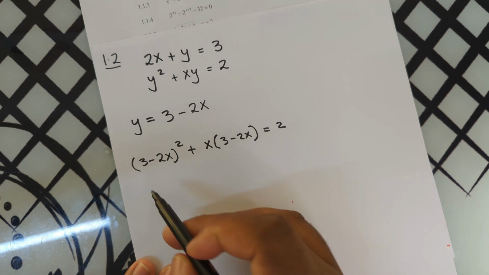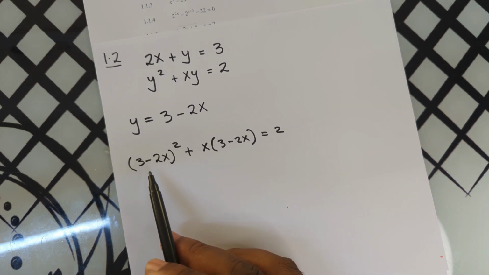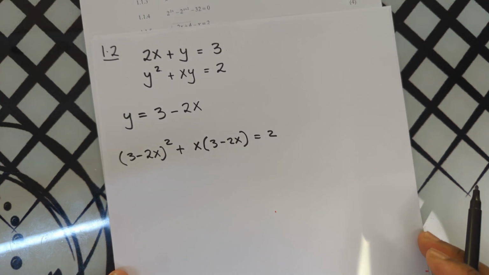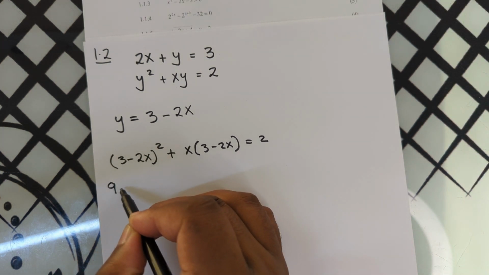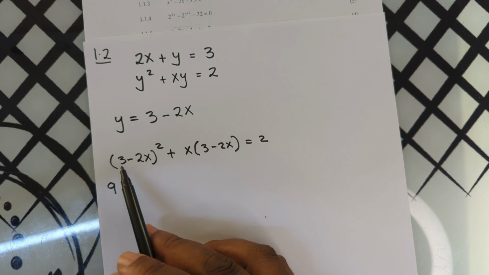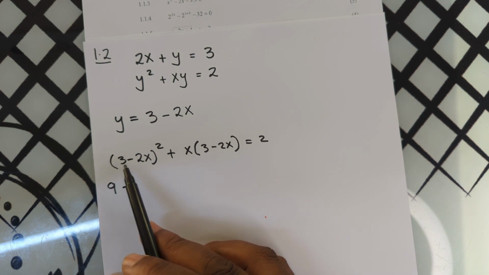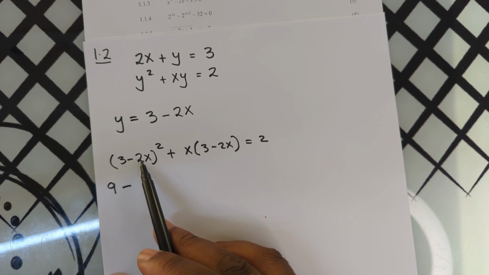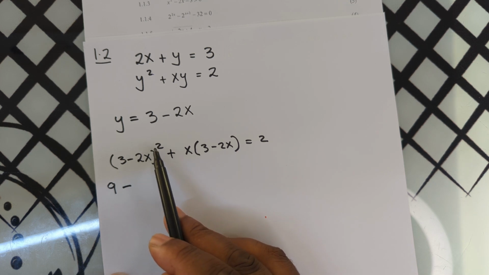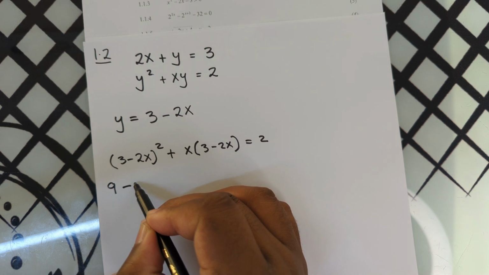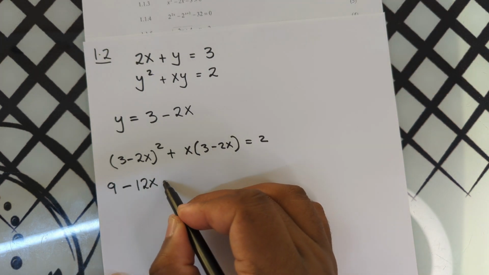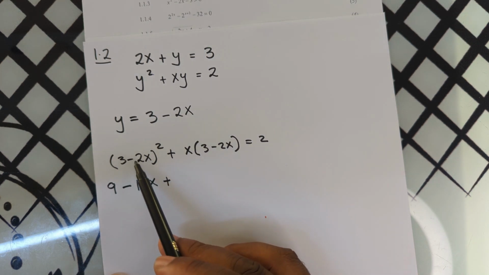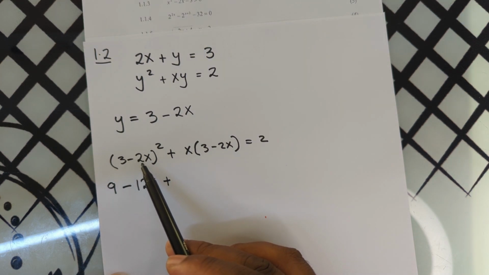And let's expand. When you square 3 minus 2x to the power of 2, it will become 9 minus, then you multiply this 3 with 2. 3 multiplied by 2 is 6, and 6 multiplied by 2 is 12. So we're going to put 12x here, and then plus, because now we are squaring a negative number.